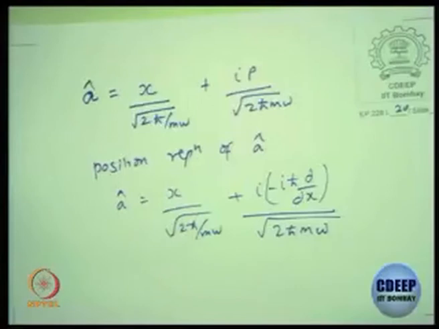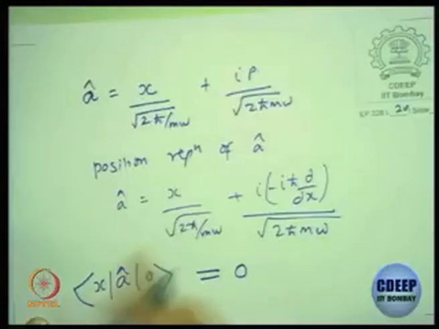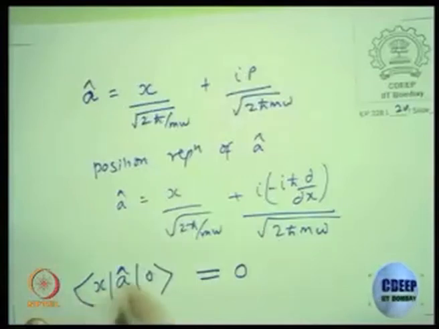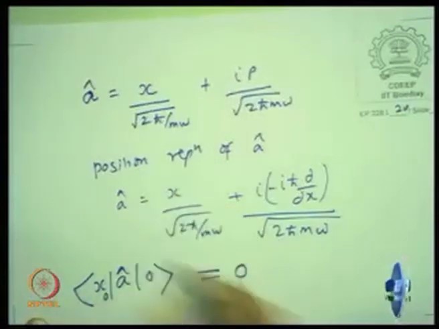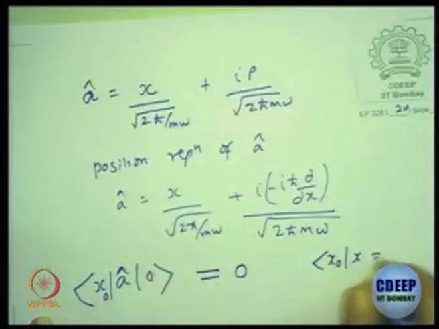So what we will do is we will take a on 0 and take a position state. A on 0 is 0, and let's simplify this. So x on x is x, right? You can put an x naught if you want, and you can write x naught with x operator will be x naught x.